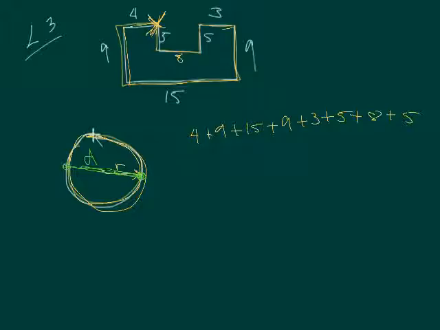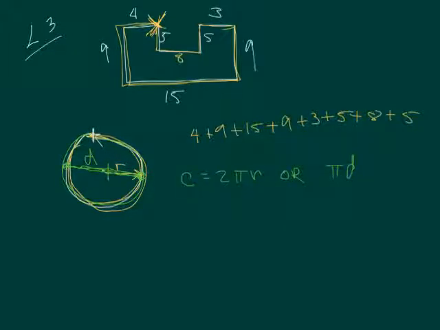So the circumference, the distance around the circle, has a formula, and it's 2 pi r, or pi times the diameter.